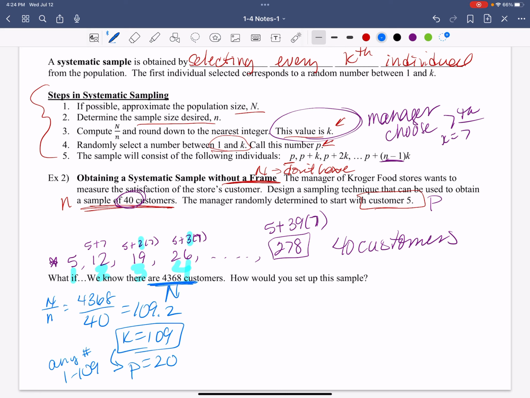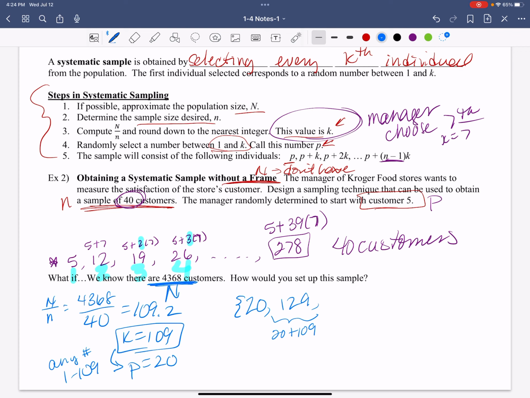And then you go through this exact same process. I'm starting with 20. Then I'm going to add 109 to that because that's my K value. So this is 20 plus 109, and the next customer is customer number 129.